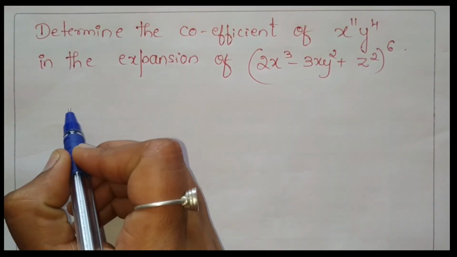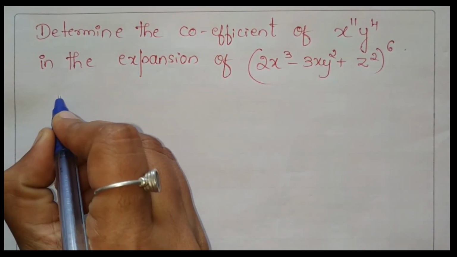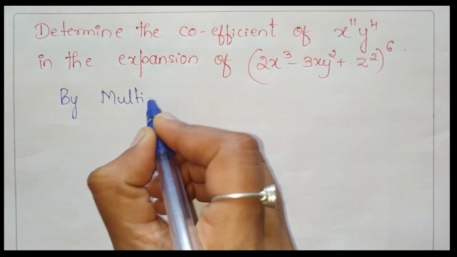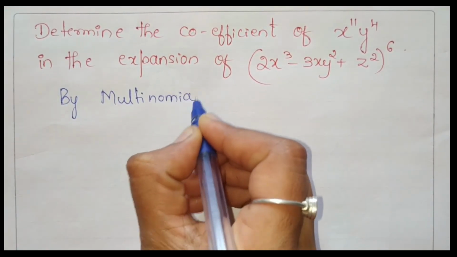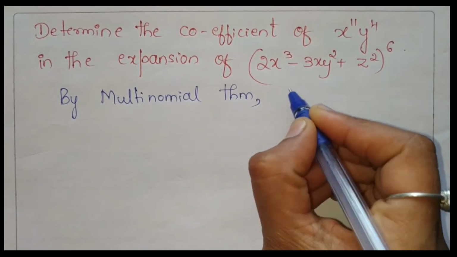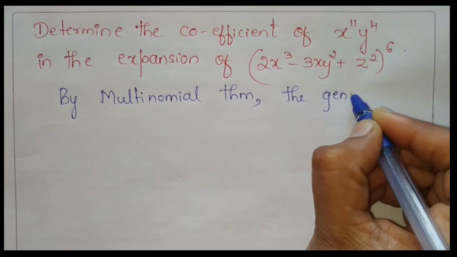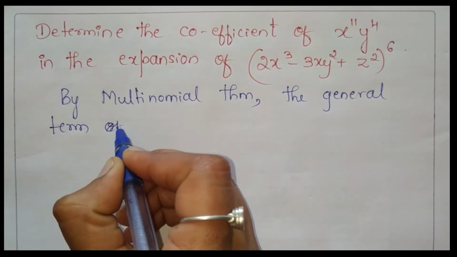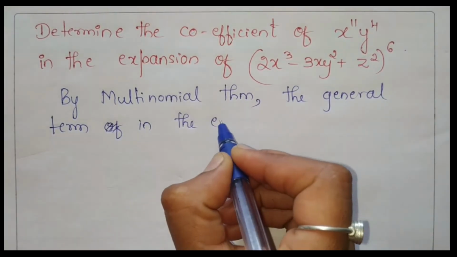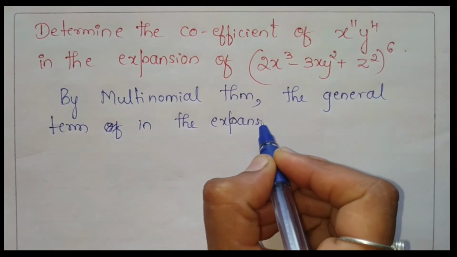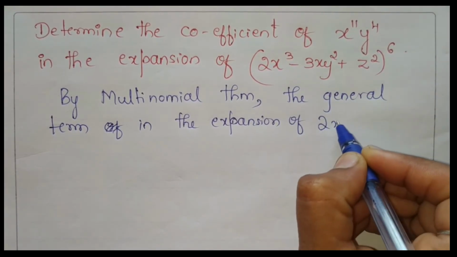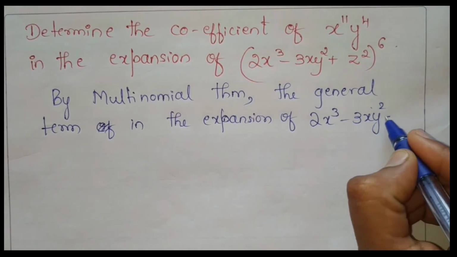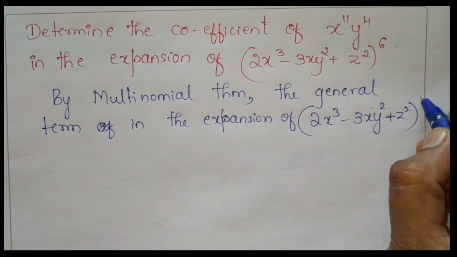So first find the general term. How to find the general term? By the multinomial theorem, the general term in the expansion of 2x cube minus 3xy square plus z square raised to 6.